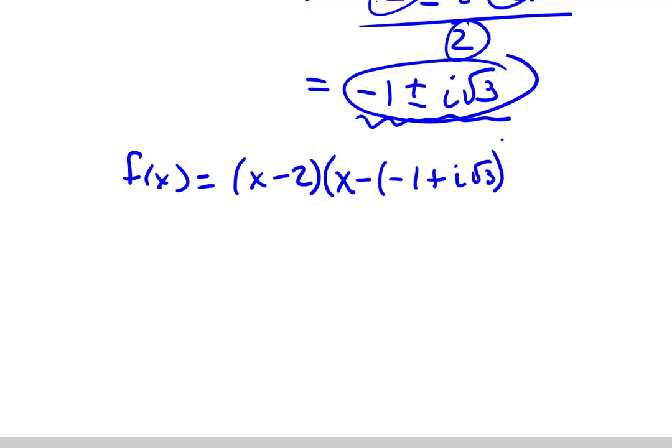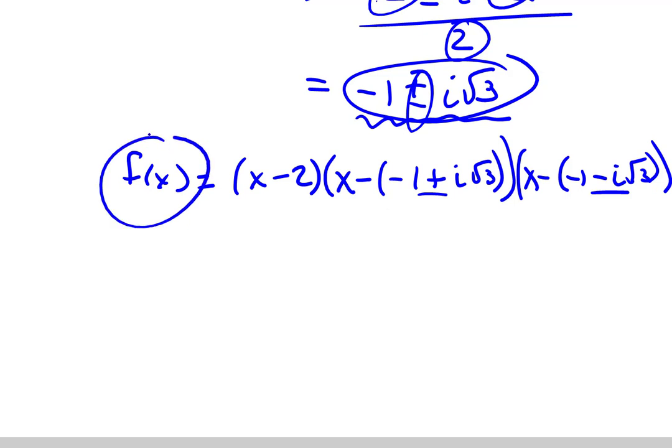That's one of them. And then secondly, we'll say x minus, and then negative 1 minus i root 3. That would be the second one. So the plus or minus is showing up as 2 different options. But now what you're seeing is the fully factored form of our original polynomial.